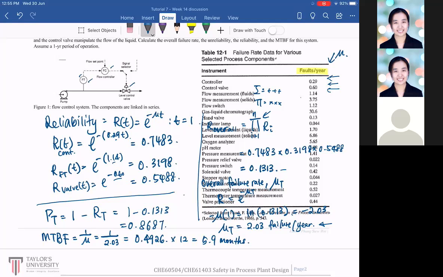So marks will be given, especially in your final assessment, when you do hazard analysis and you back it up with a probability calculation like this. I know students like to give me, do PM, frequent PM, more frequent PM.